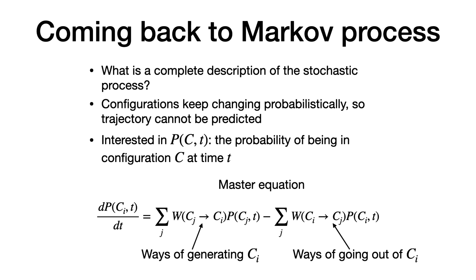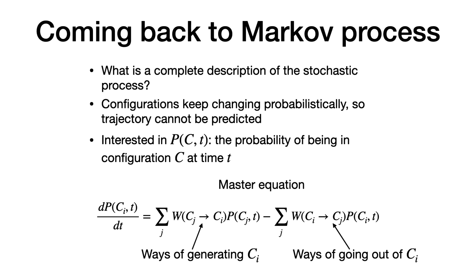It says: if the system is in configuration i at time t, how does this probability change with time? One way to imagine this is that I have a huge number of different copies of the system. In a certain fraction of them you are in configuration Ci, and the ratio is the probability.